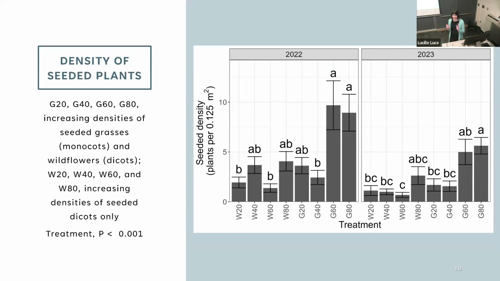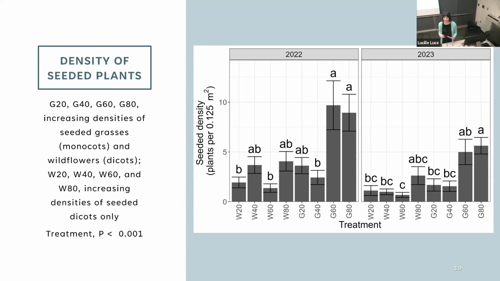So this is density of the seeded plants. For the W treatments, we're counting seeded plants that are our native perennial forbs. And then for the G treatments, we're counting the native perennial forbs and then also the native perennial grasses that we included in those treatments. We're looking at 2022 and also 2023.